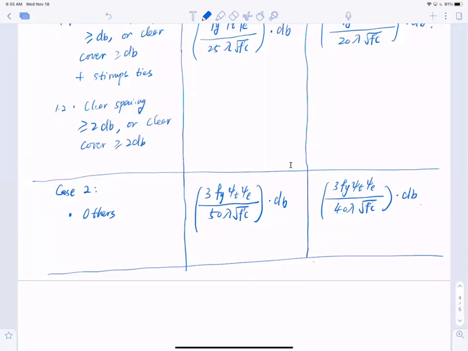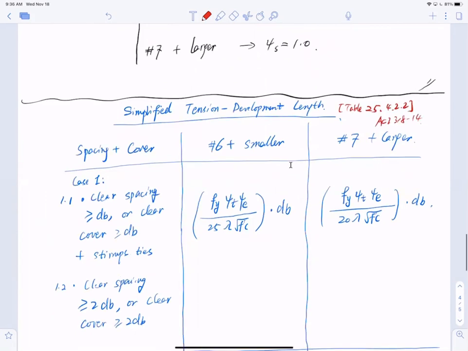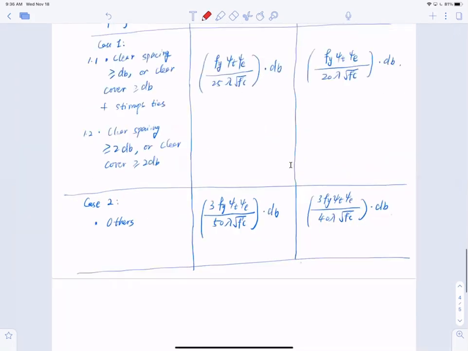All right. So this is the simplified approach, and you can find this in ACI Table 25.4.2.2, and this is 14. I'll explain the difference between 14 and 19 later.